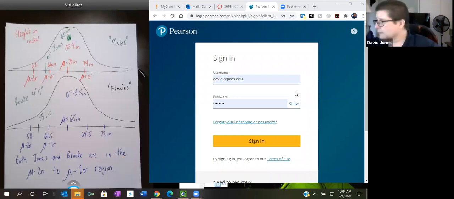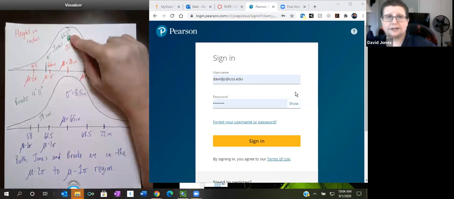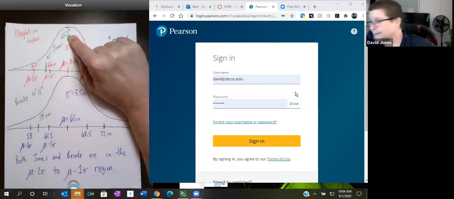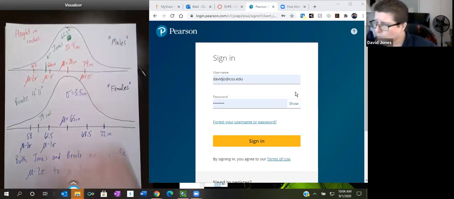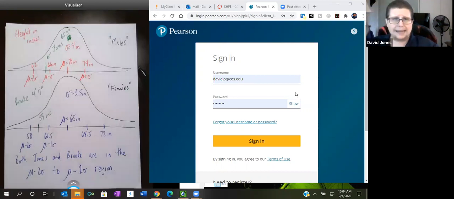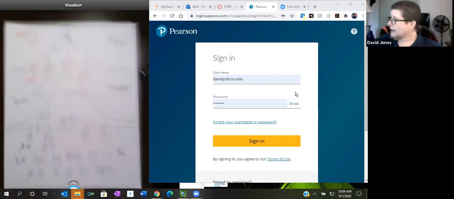Now we can look at our height, 65.5 inches, 5'5.5" for me. And Brooke was 4'11". I am taller than her. But relative to other guys, am I taller with respect to guys than she is with respect to girls?